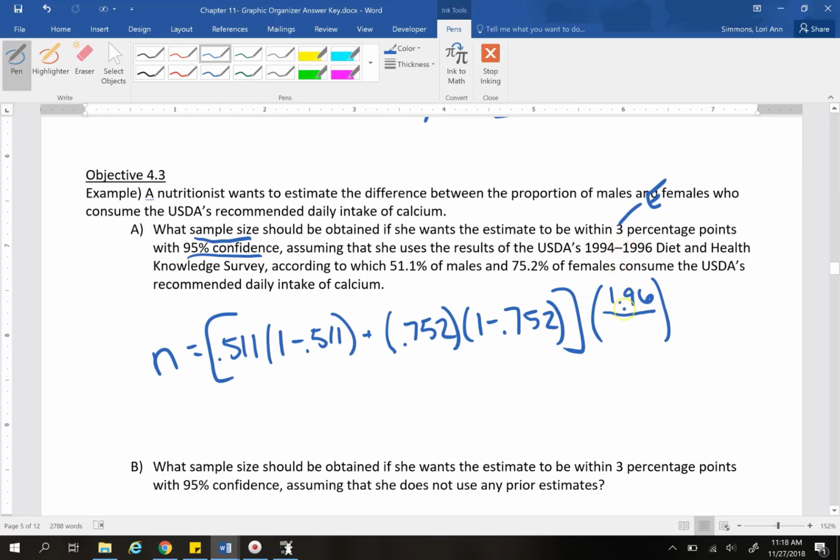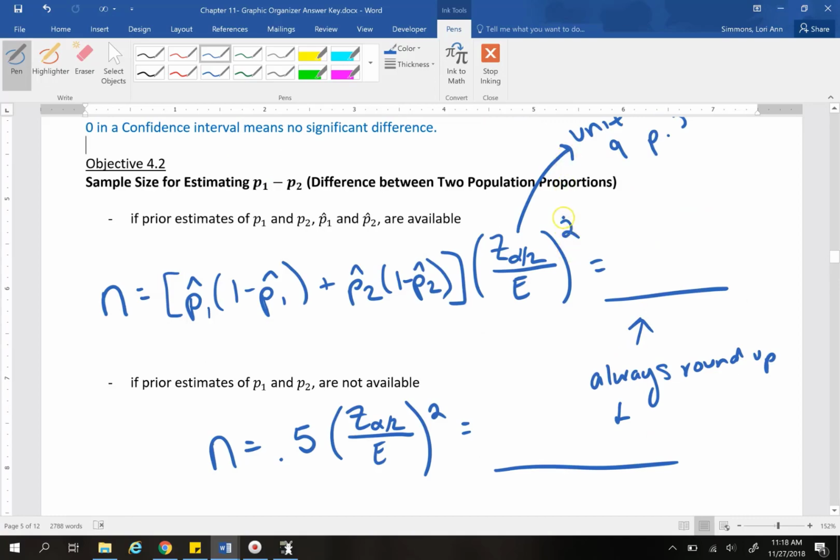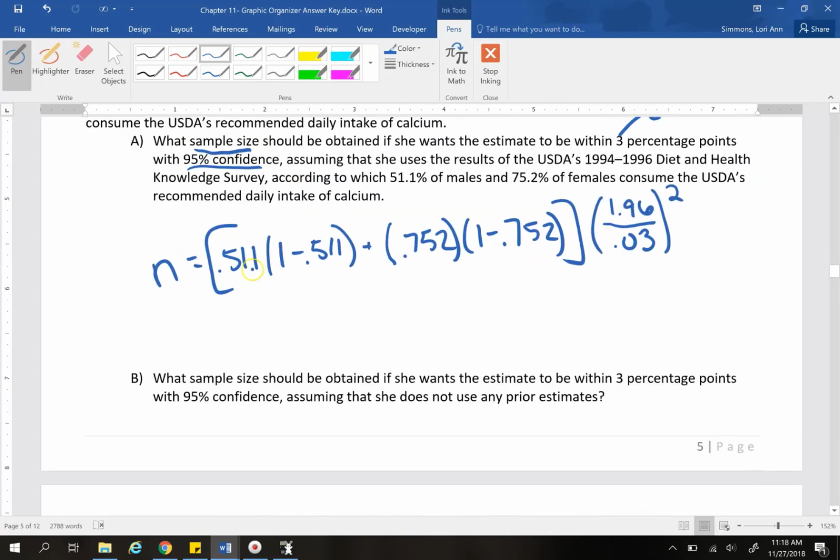Your margin of error needs to be expressed as a decimal. So 3% is 0.03 as a decimal, and you need to square that. Okay, when you put this all on your calculator, you should get 1,862.6, round up.